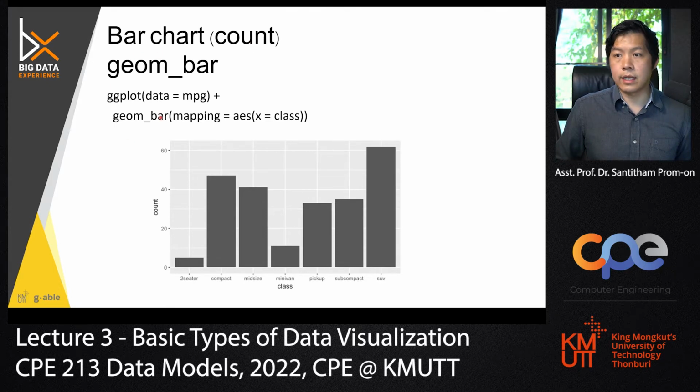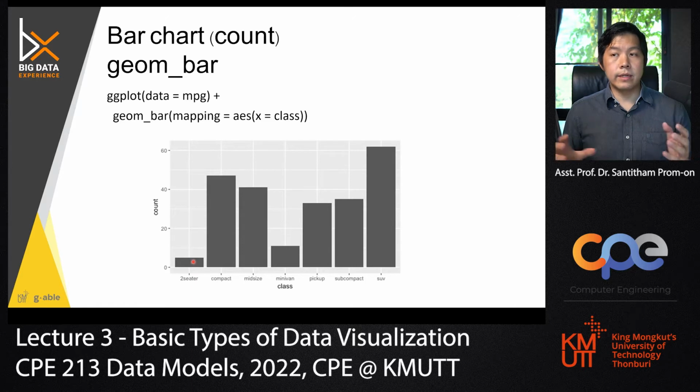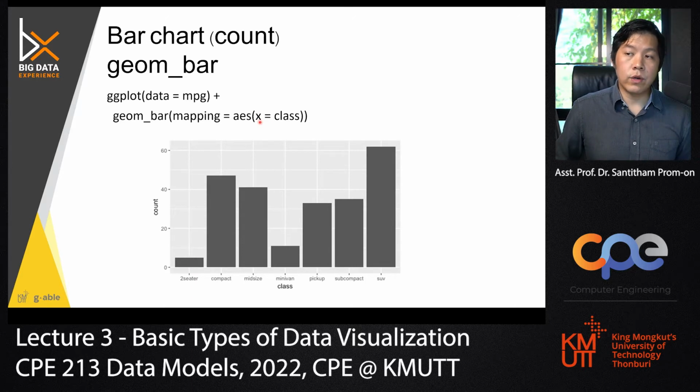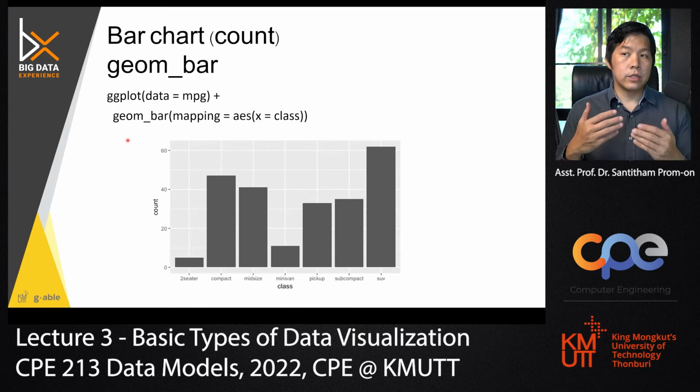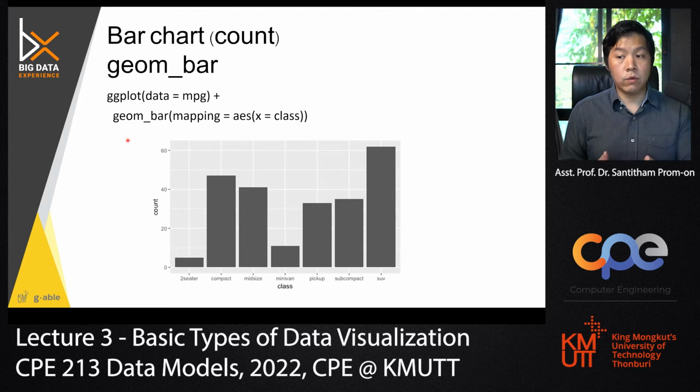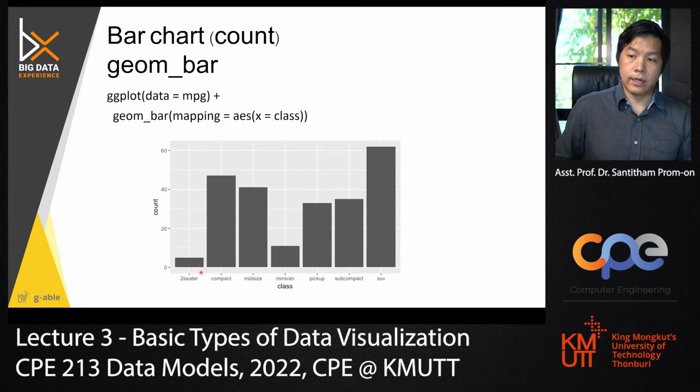Okay, this is a count bar chart. What does it mean? It means that because I specify only x, that x equals class, ggplot2 will use the stat count. It would count the number of occurrences of different elements, different classes, and then you get this count in a bar graph.